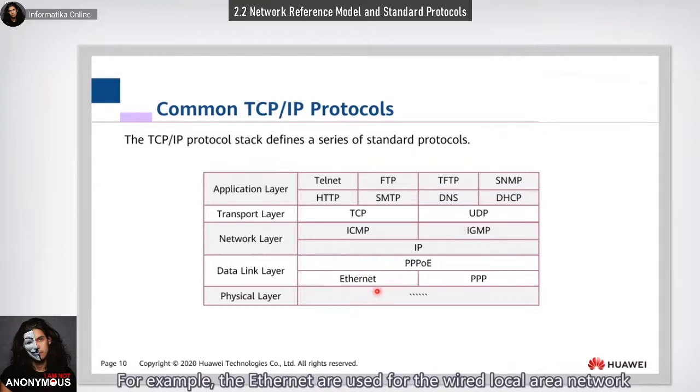For example, Ethernet is used for the wired local area network, and PPP, the point-to-point protocol, can be used in direct end-to-end transmission. The last layer is the physical layer, for which we have many more protocols, for example 802.11, 802.3, satellite, TV, and a lot of others.